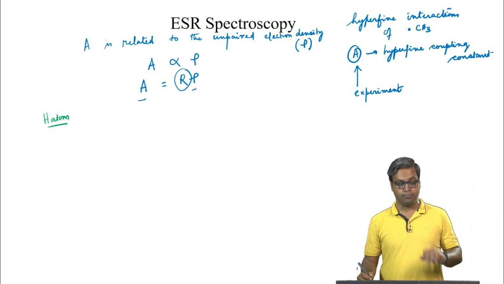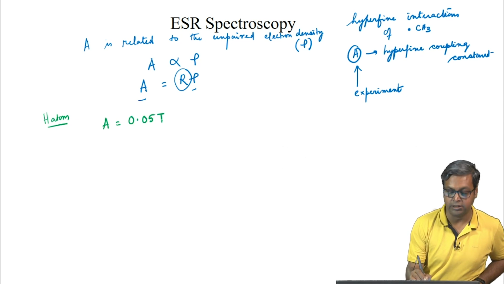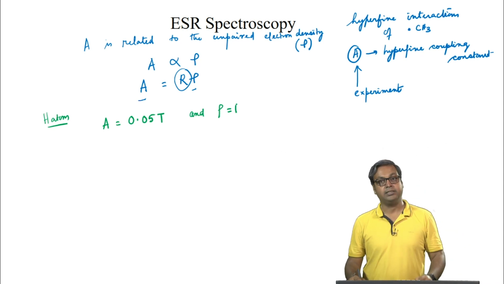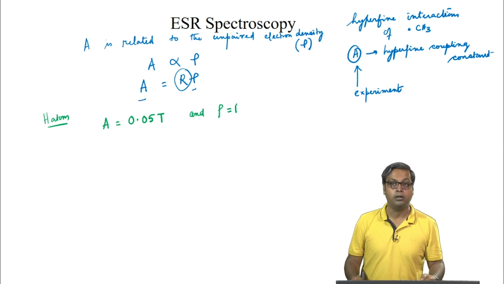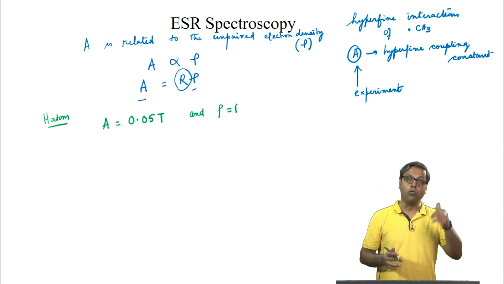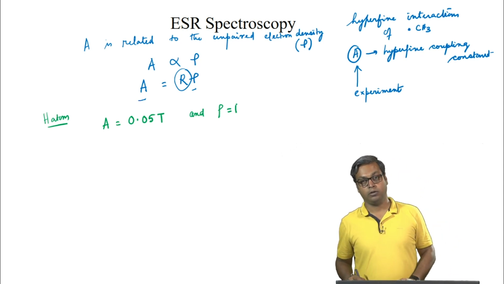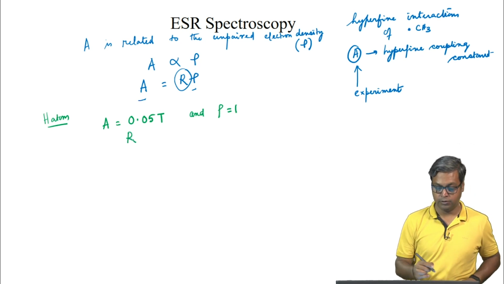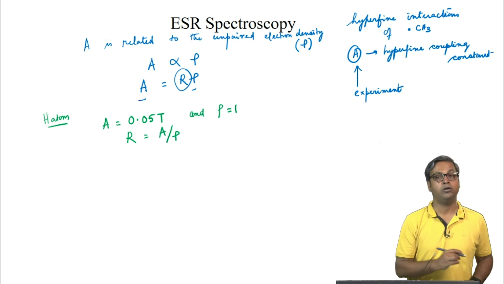For this hydrogen atom, A equals 0.05 T and rho equals 1. So, the electron density, that is rho, for the unpaired electron in hydrogen atom is 1, because the hydrogen atom has only one electron and it interacts with only one proton. Thus we can write R equals A divided by rho.